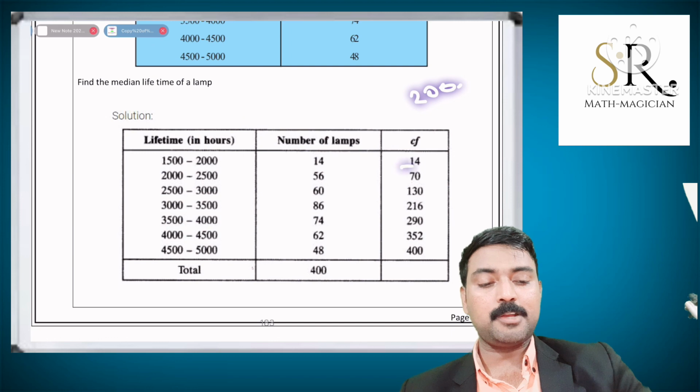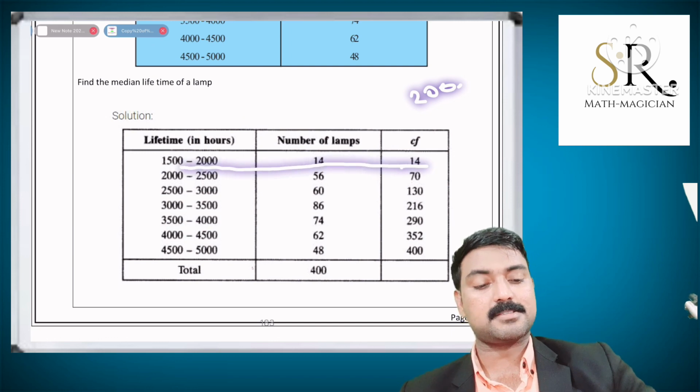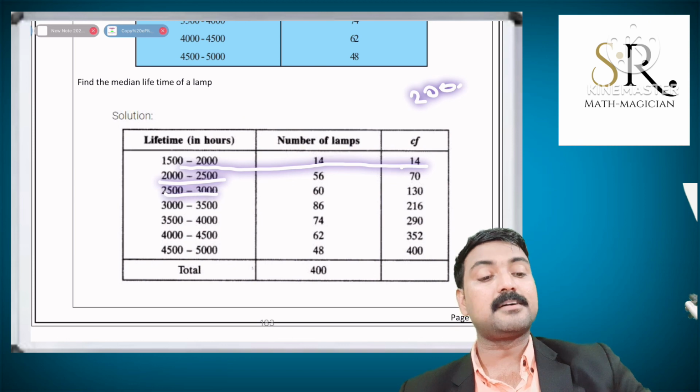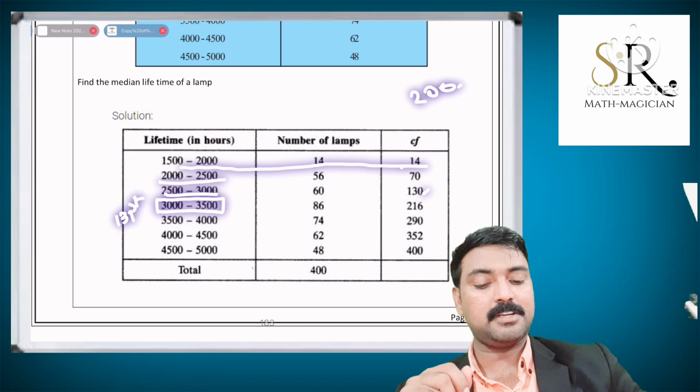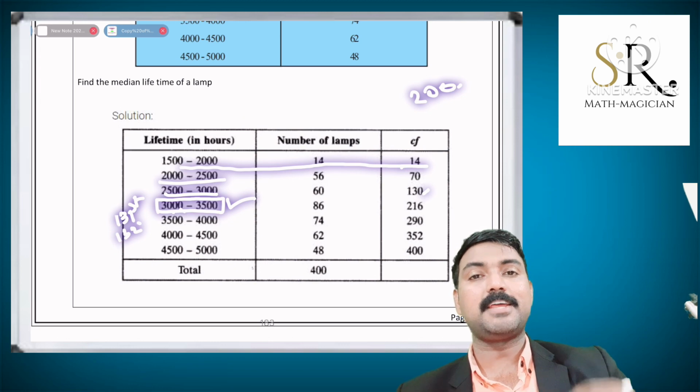So the first 14 observations are in the first class, then up to 70 in the next class, up to 130 in the third class, up to 216. Up to 216 means the 200th is also here. After 130, the 131st observation, 132nd observation, in this way the 200th observation also falls in this class. This class is known as the median class.